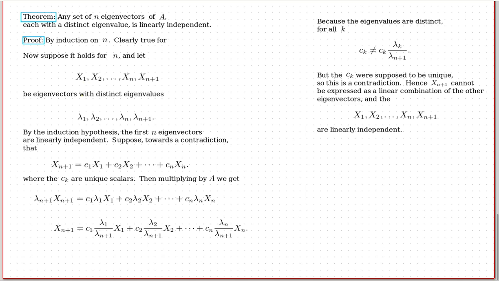We assume that the first n vectors, x1, x2, up through xn, are linearly independent, and then we'd like to show that the n plus first eigenvector is independent of the first n. And again, we're assuming that they all have distinct eigenvalues.